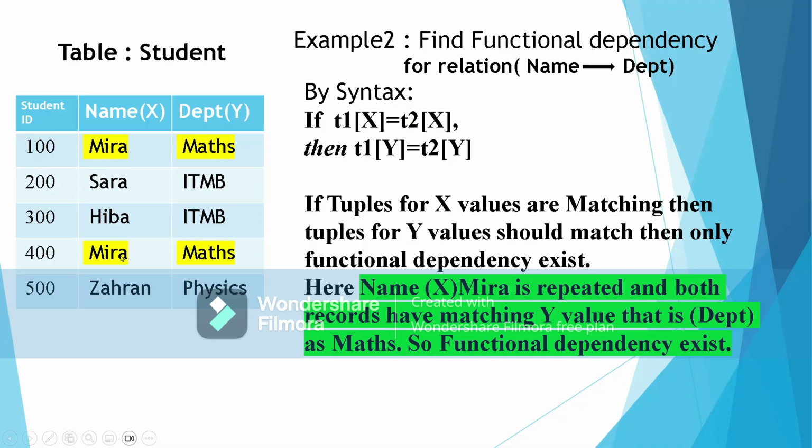P2 of x means Mira name for the student ID 400. They both are same, then we have to check their y values. So both the places math subject is there, means y values are also matching. Therefore, in this case, the functional dependency exists for this relation name gives department.